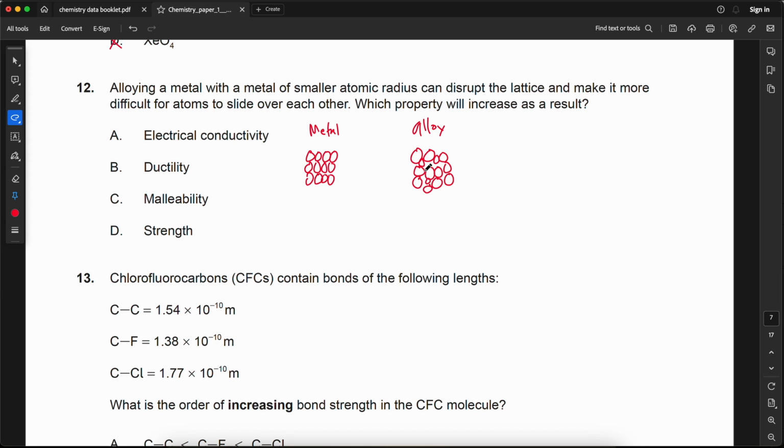But for an alloy, layers cannot slide over one another, as the lattice will be disrupted, and it is less ductile and also less malleable, therefore it is a lot stronger compared to metal. Therefore the answer is strength.